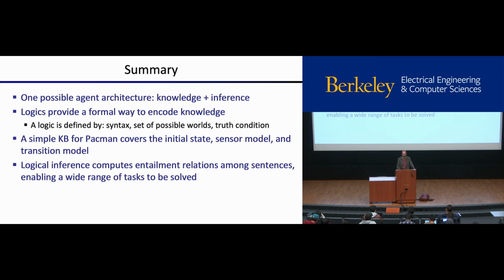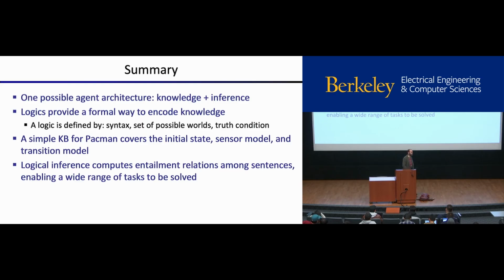This is the recursion over syntax thing that we discussed. And a simple knowledge base for Pacman covers his initial state, the sensor model, what his sensors imply about the state of the world, and the transition model, how different state variables will change when he takes different actions. And then logical inference computes entailment relations among sentences, enabling a wide range of tasks to be solved.